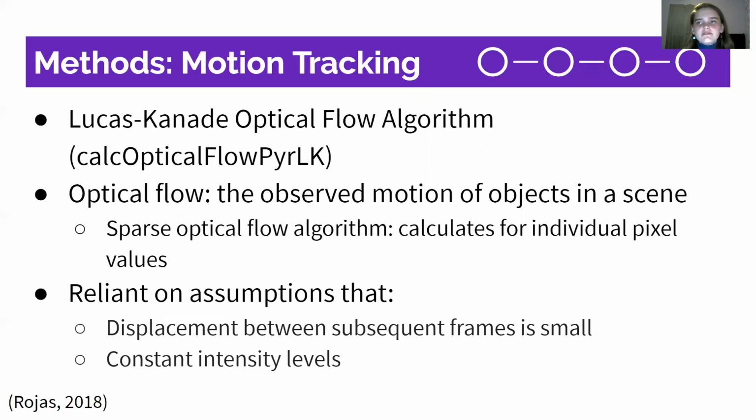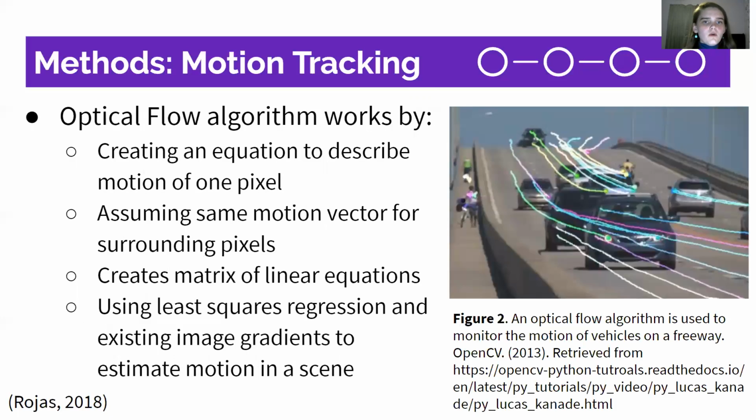So how do we find that motion vector, which is the optical flow? What it does is create an equation to describe the motion of the one pixel. If you were to consider the intensity of a pixel at point XY on a frame, and then consider the intensity of the same pixel at point XY on the second frame, the difference between those X's and those Y's would be the motion vector that we're looking for.